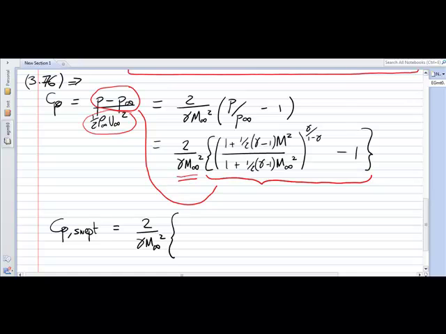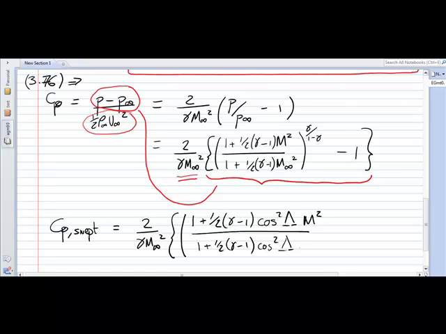What changes is the actual P minus P infinity that you experience on the surface of the wing. So this becomes 1 plus a half gamma minus 1. Of course, these are all just constants, and then we have to substitute, instead of M squared, now we've got cos squared lambda M squared over 1 plus half gamma minus 1 cos squared lambda M infinity squared.